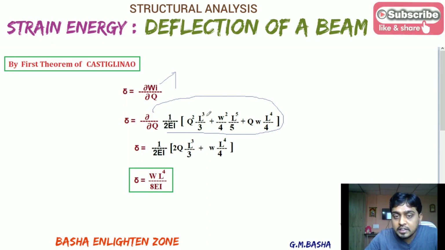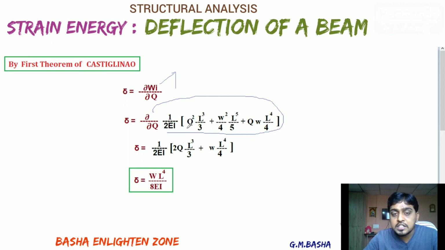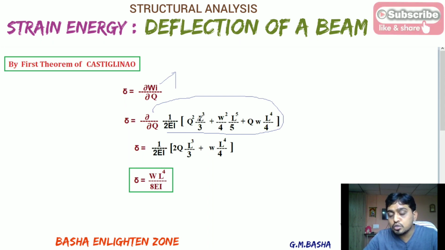So this L³/3 is constant here, and partially differentiating Q² will be equal to 2Q. And again here there will be no Q terms, that is the reason we are neglecting that one. And again plus Q into WL⁴/4.